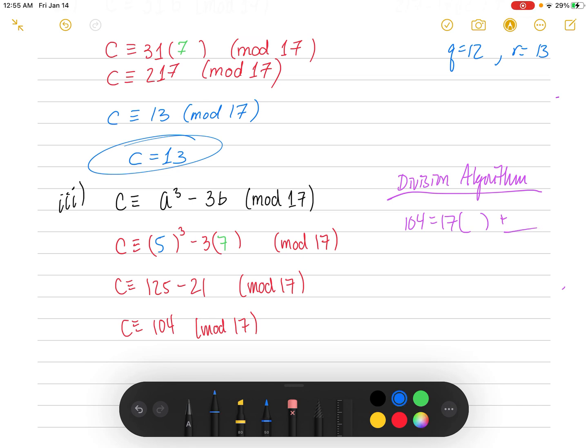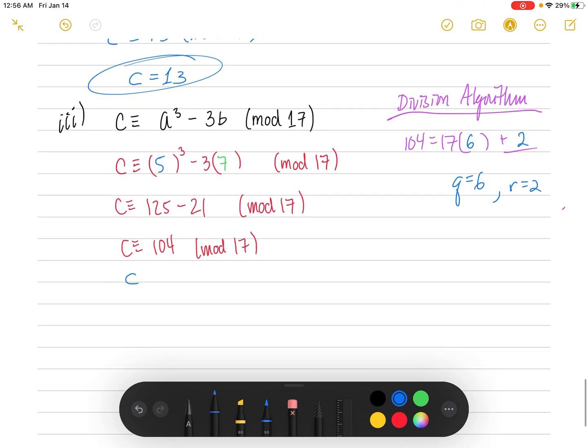So how many times does 17 go into 104? 104 divided by 17 is 6. So I'm going to take 104 minus 17 times 6. I'm going to get a remainder of 2. So my quotient here is 6. My remainder is 2. So my C is congruent to 2 mod 17.